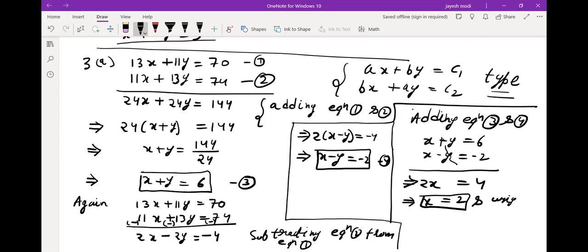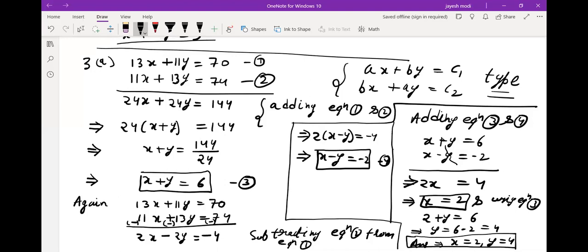Using equation 3, x plus y equals 6, so 2 plus y equals 6. It implies y equals 6 minus 2 equals 4. So the answers are x equals 2 and y equals 4. Is that clear to you? Understood everyone?